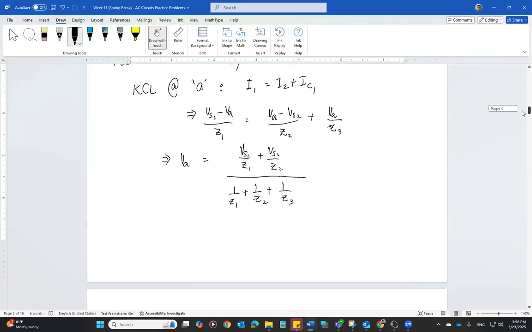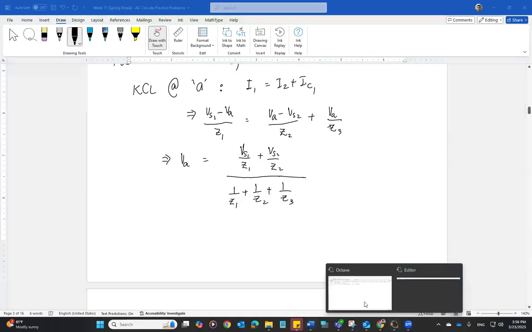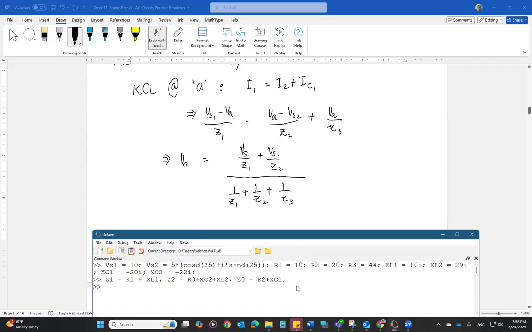And then all I have to do is to go ahead and calculate VA. My VA will be equal to VS1 over Z1 plus VS2 over Z2 divided by 1 over Z1 plus 1 over Z2 plus 1 over Z3.